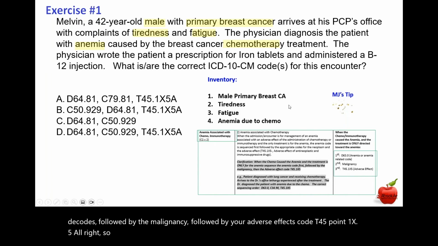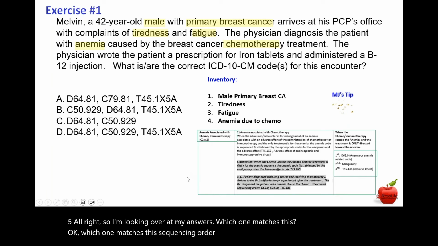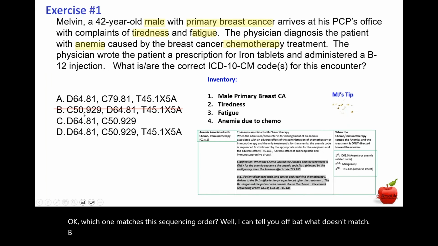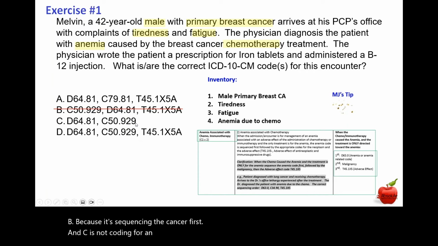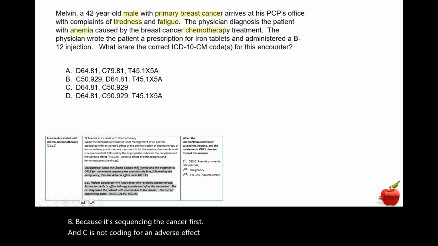All right, so I'm looking over at my answers. Which one matches this sequencing order? Well, I can tell you right off the bat what doesn't match. B, because it's sequencing the cancer first. And C is not coding for an adverse effect code, so we can get rid of that too.